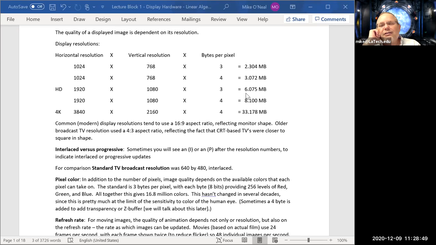So you add a 0, that gives us 60, and then multiply by 3. So that's 180 megabytes worth of information that you have to generate each second for 30 frames of imagery a second.